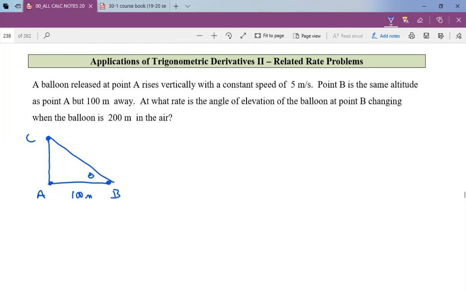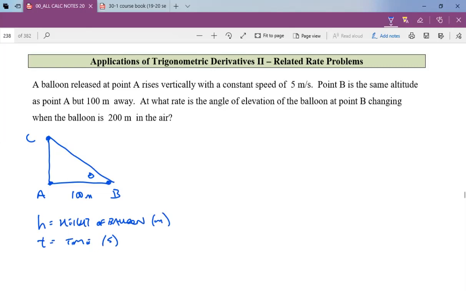We need to define some variables. So h is the height of your balloon. T is for time, always, being measured in seconds.